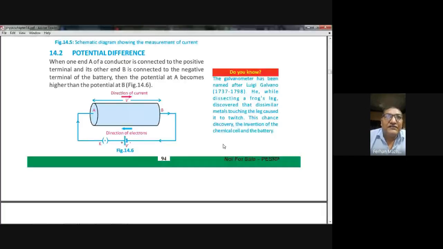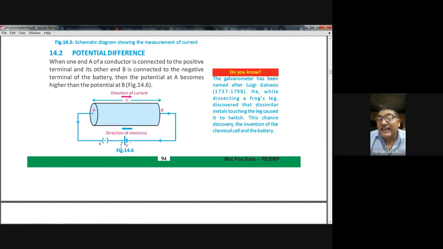For example, if you look at this diagram showing on the screen, here we have a battery. What this battery will do is provide electric energy to the charges, so the charges can move in the circuit.